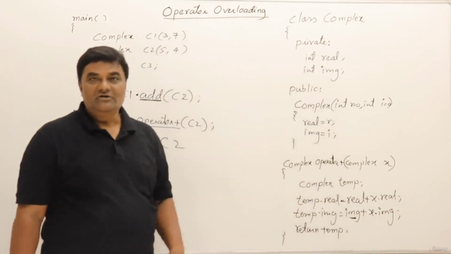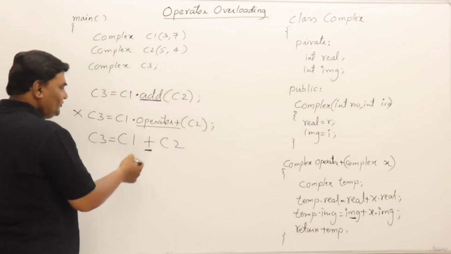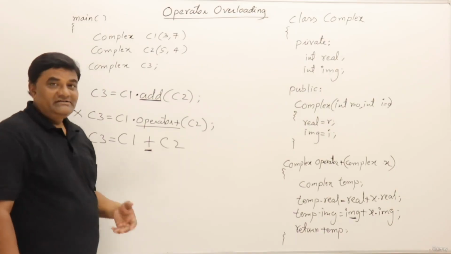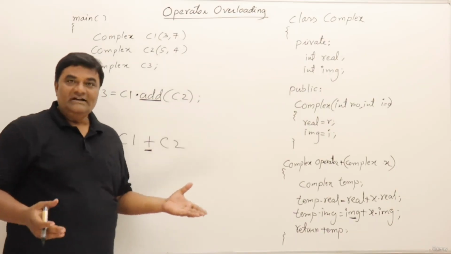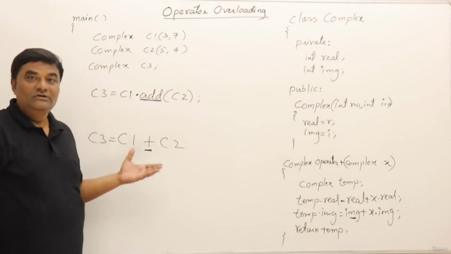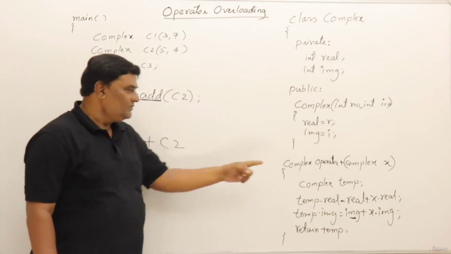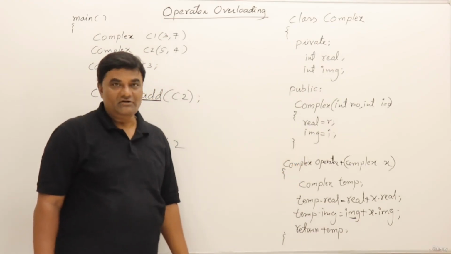So this function will be called. So instead of writing a dot add, you don't have to use a dot operator, you can simply add two complex numbers, just how you add two integers and two floats. That's it. This is the way of overloading operators. So C3 assign C1 plus C2, the operator plus function will be called.